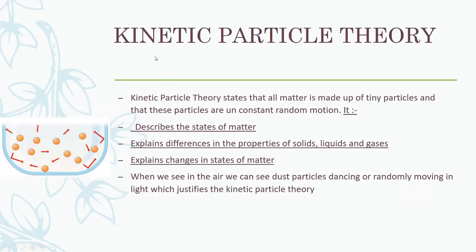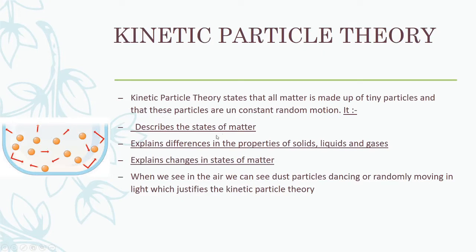Now the main topic, kinetic particle theory. Kinetic particle theory states that all matter is made up of tiny particles, atoms basically, and that these particles are in constant random motion. It describes the states of matter.